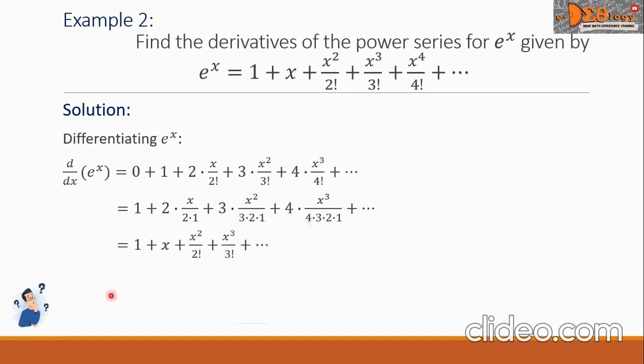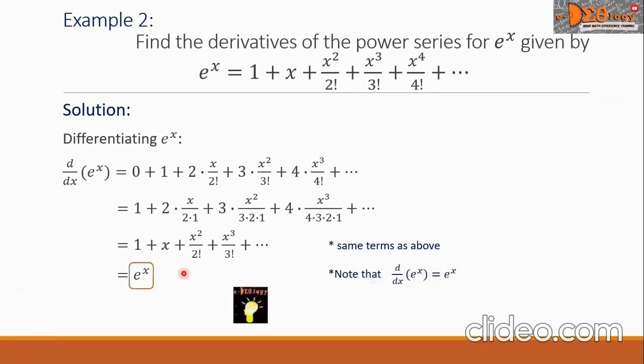And the new answer will be 1 plus x squared over 2 factorial plus x cubed over 3 factorial plus and so on, following the same pattern. We can see that these terms are the same as above. So we can write e raised to x. Remember that the derivative of e raised to x is the same e raised to x. This is now the final answer.